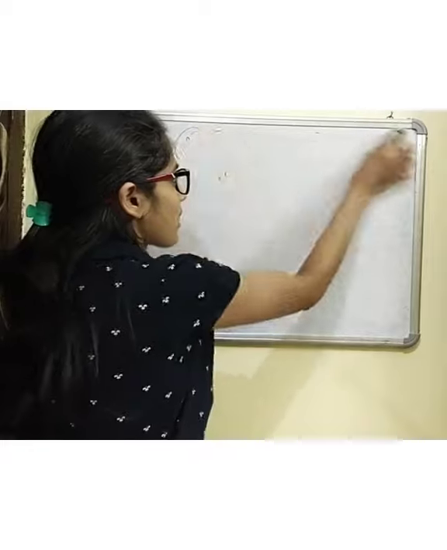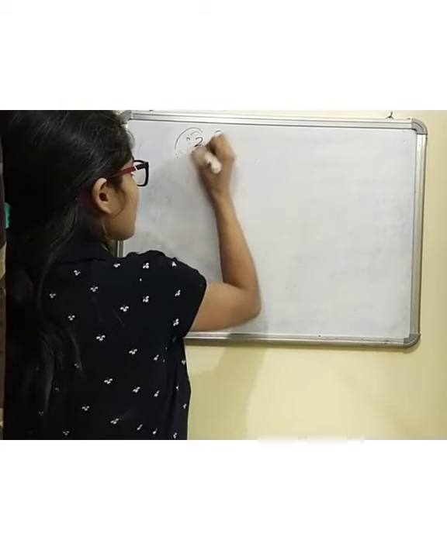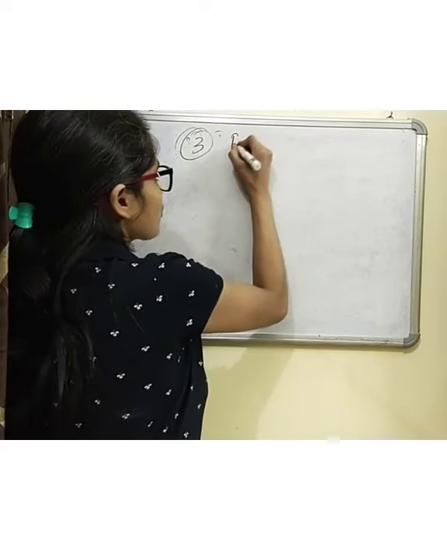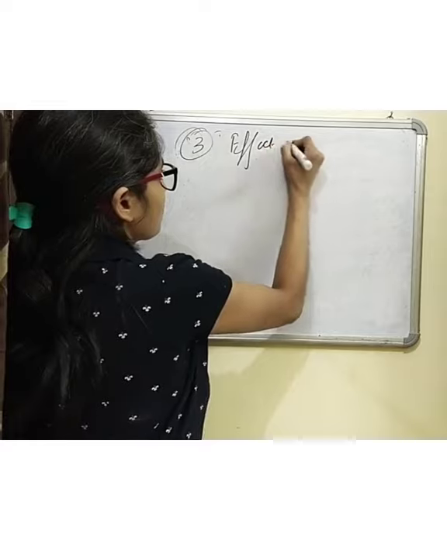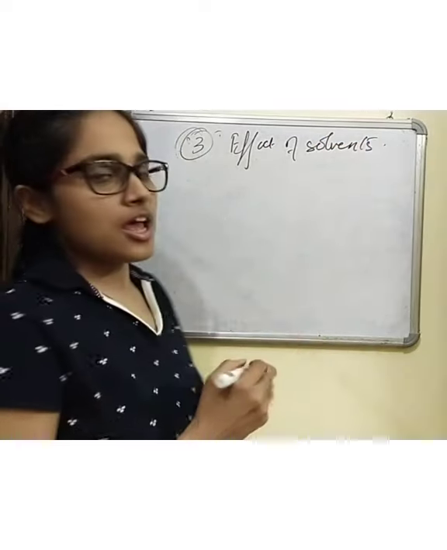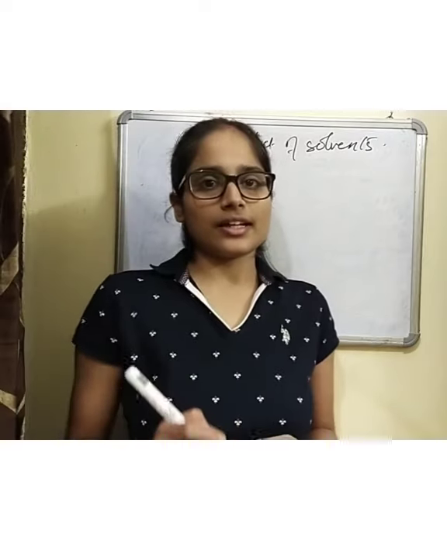Effect of the solvent: how the solvent affects the solubility of the proteins. So the third point is effect of solvents. There are different kinds of solvents, organic or inorganic.